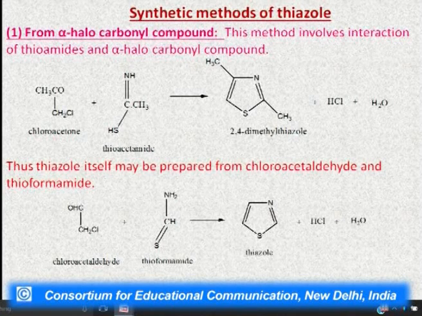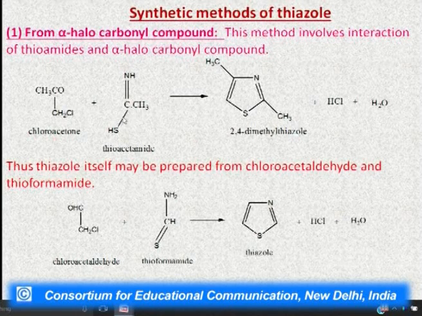Now comes a synthetic method of thiazole. Thiazole can be prepared from alpha halocarbonyl compounds. This method involves interaction of thioamides and alpha halocarbonyl compounds. For this reaction, we have taken chloroacetone.